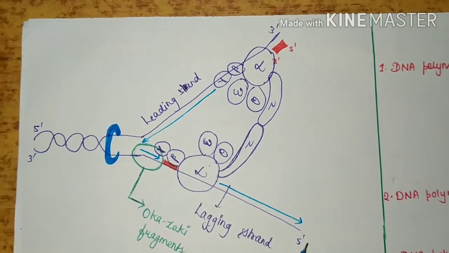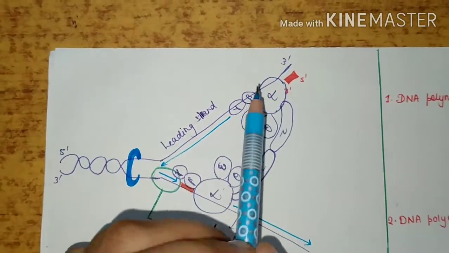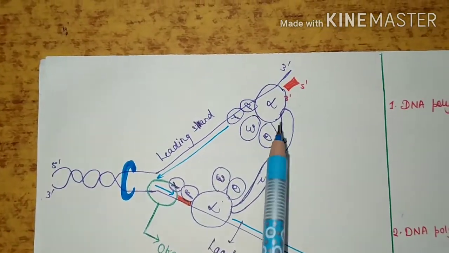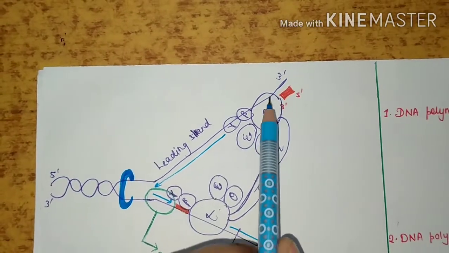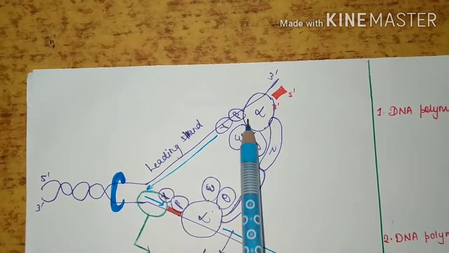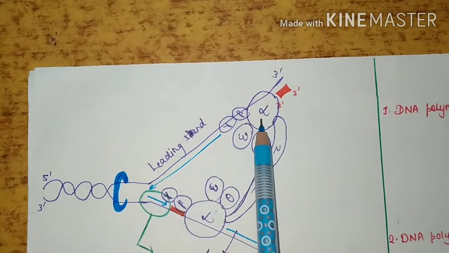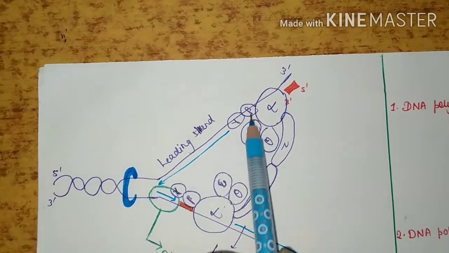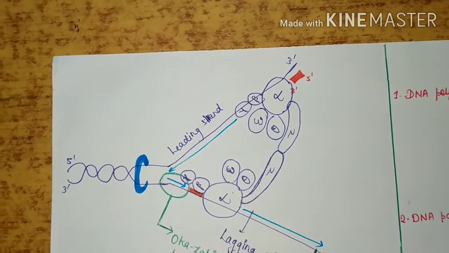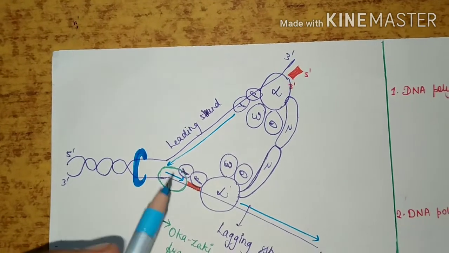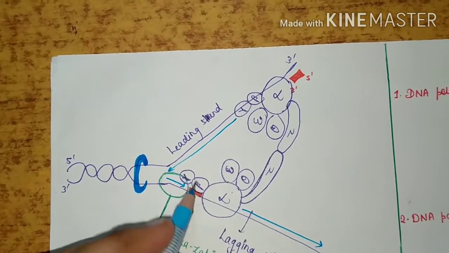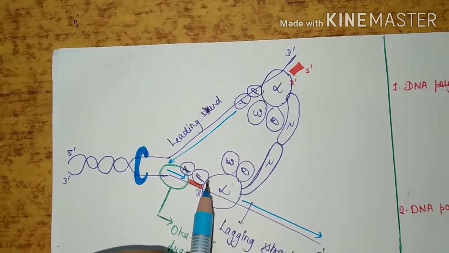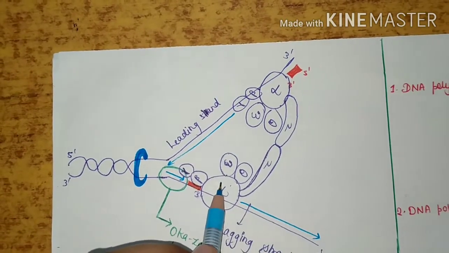This is the 5' end and this is the 3' end. DNA polymerase always binds with the 3' end. So here is a 3' end and the DNA polymerase structure binds here. If this is a 5' end, here is also a 3' end. That's why the alpha unit binds here.